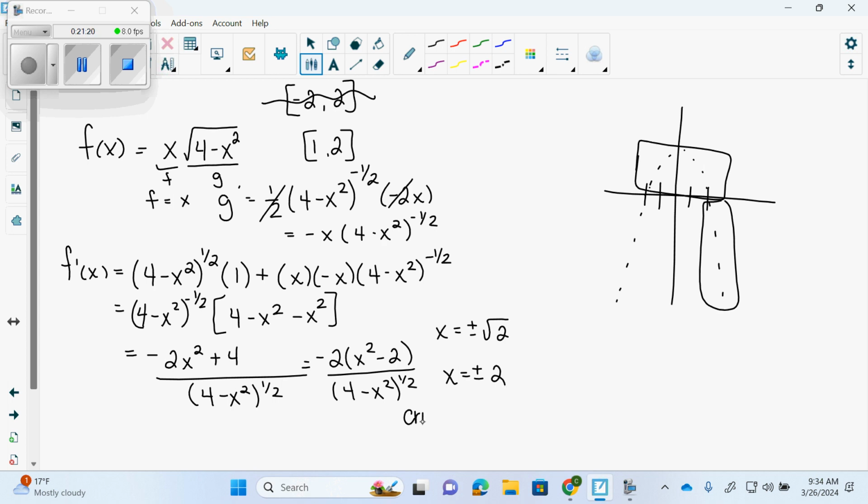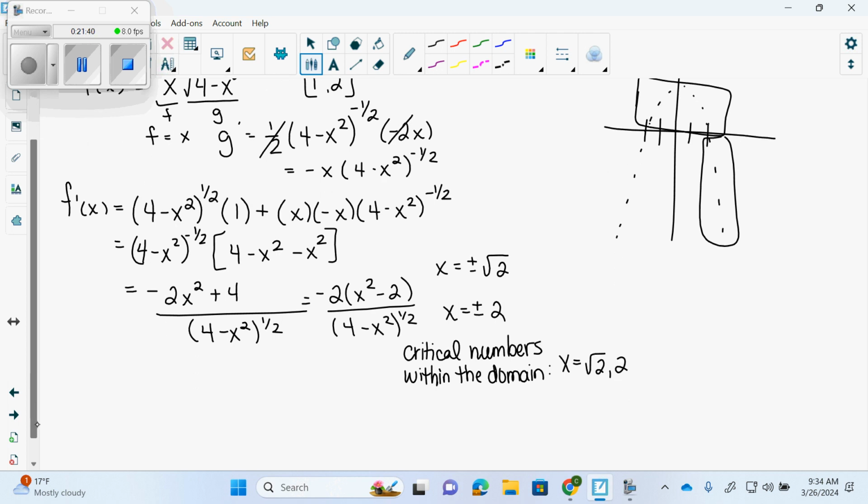So my critical numbers within the domain are x equals root 2 and 2. Correct?